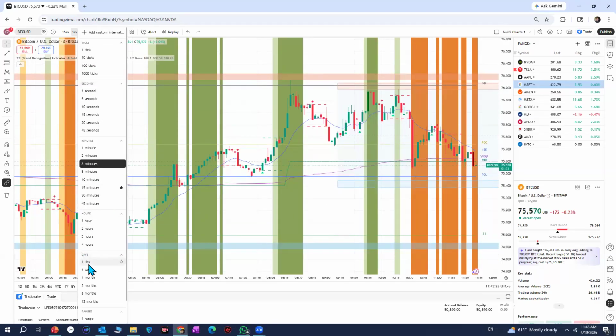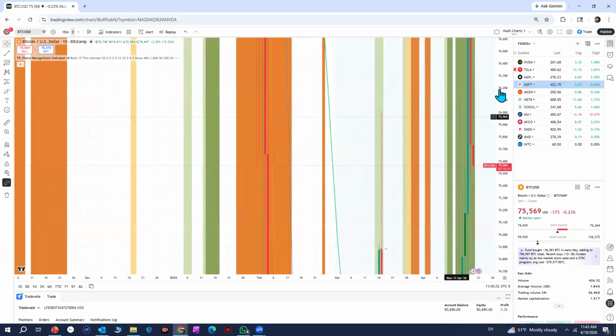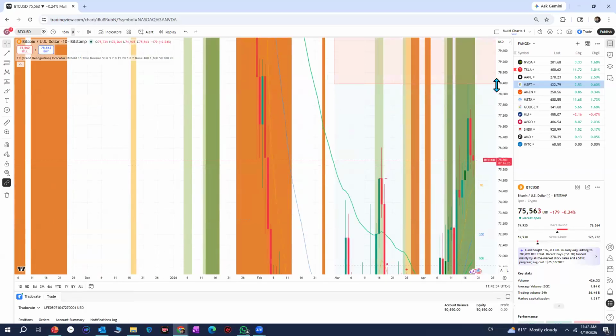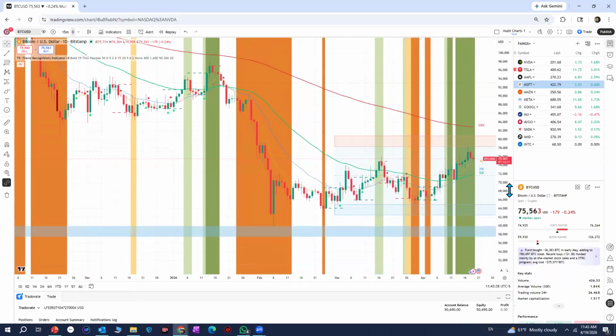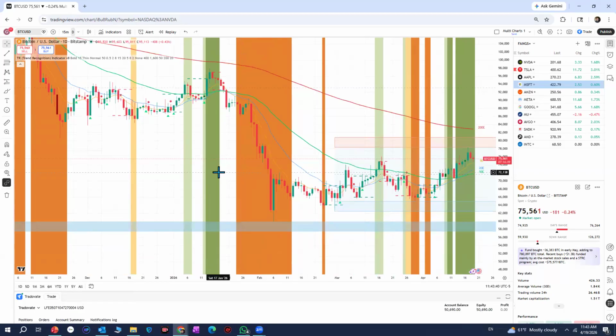My initial objective was to show you the performance on the daily and the weekly time frame as well. So this is Bitcoin, and now we are looking at the daily time frame. Automatically the indicator will detect that we are on the daily time frame, so it plots a 200-day moving average line right here.